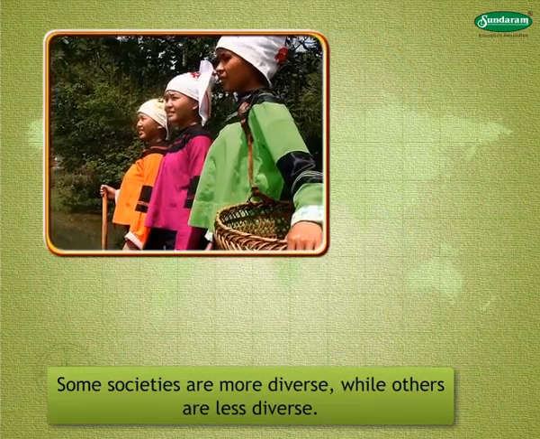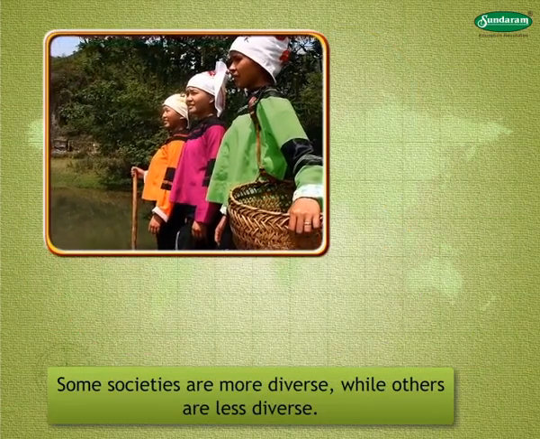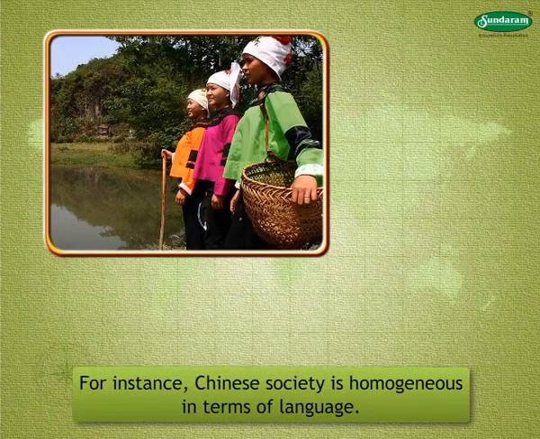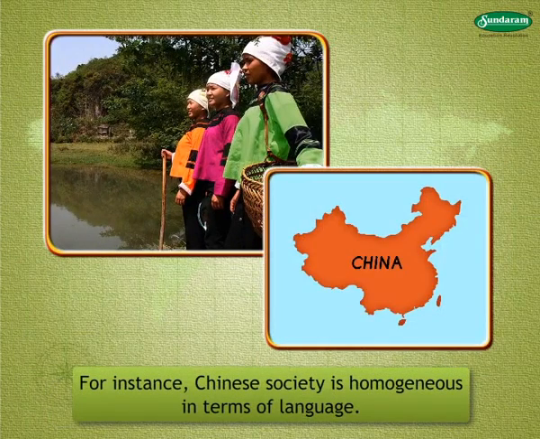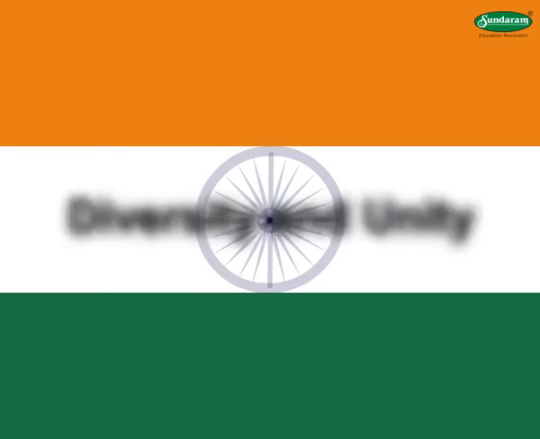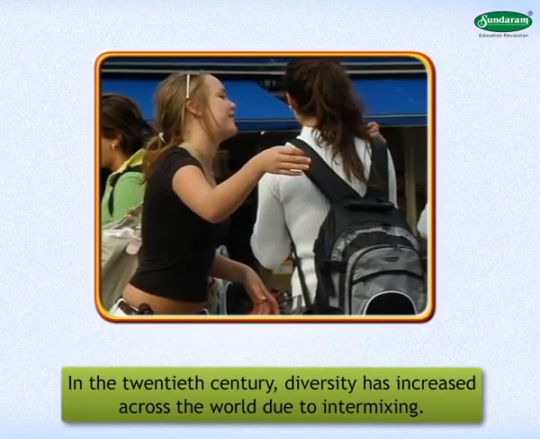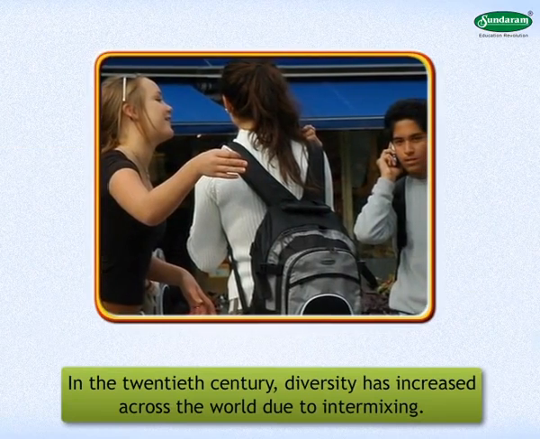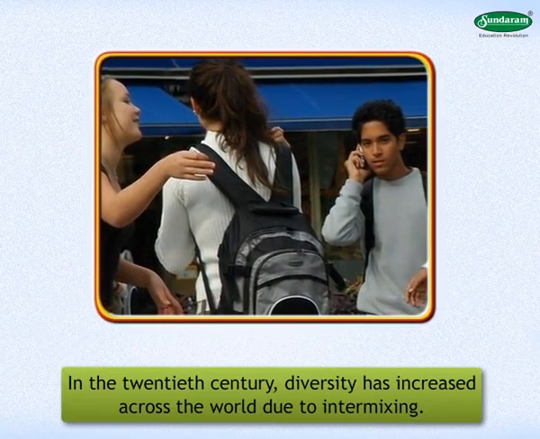Some societies are more diverse, while others are less diverse. For instance, Chinese society is homogeneous in terms of language. Diversity and unity. In the 20th century, diversity has increased across the world due to intermixing.